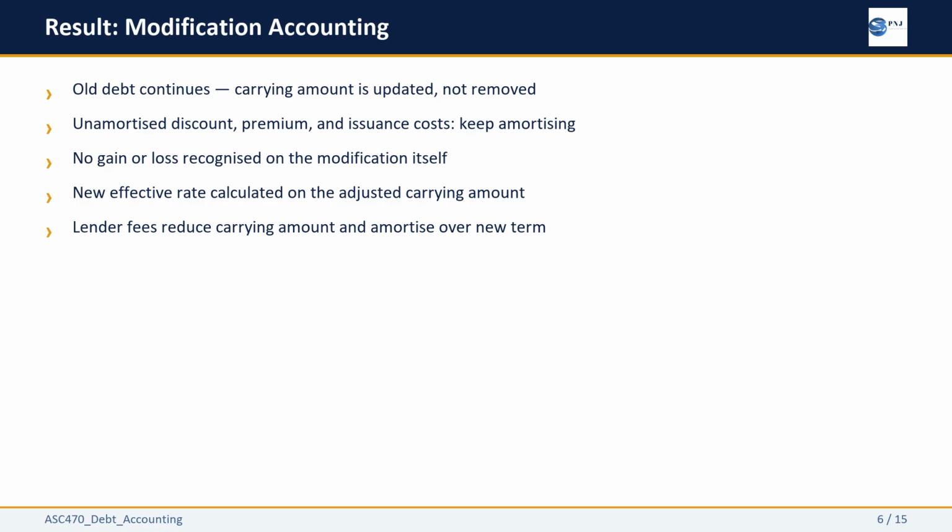You do not recognize a gain or loss on the modification itself. You simply recalculate the effective rate based on the updated carrying amount and move on. The only immediate adjustment to the carrying amount comes from fees paid to the lender. Those reduce the carrying value and get amortized under the new effective rate.